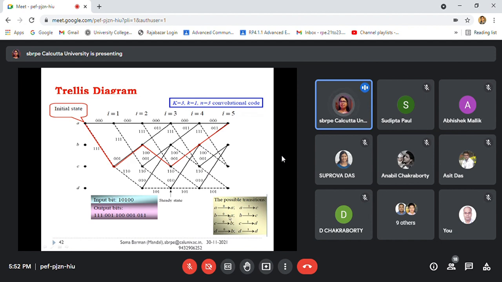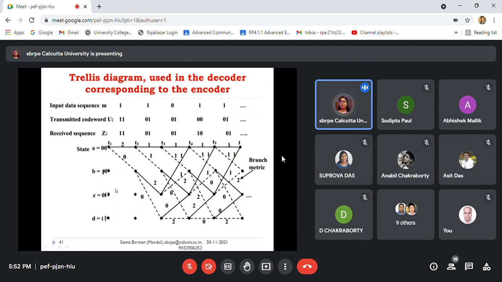If I draw the trellis diagram, first you mark all the nodes, that means A, B, C, D. For each time instant, initially you mark the four states A, B, C, D. Again at the next instant you mark A, B, C, D. When you draw the trellis diagram, see this marking: at each time instant, 1, 2, 3, 4, 1, 2, 3, 4, and so on.